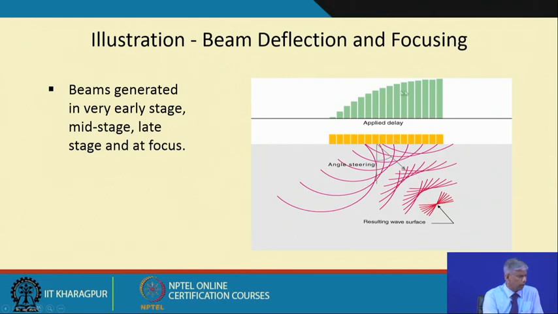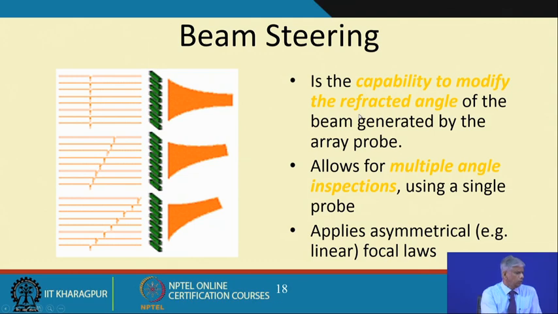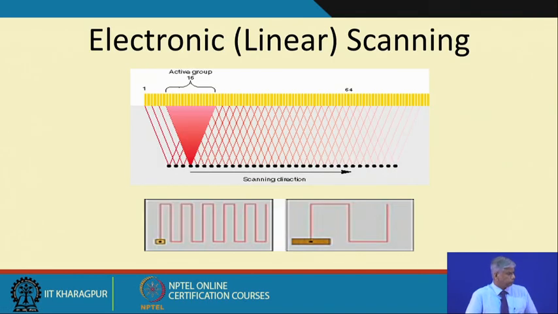So, this can be applied and so on. So, the beam steering can be applied as the capability to modify the refracted angle of the beam generated by the array probe, allows for multiple angle inspection using a single probe. Okay. So, this becomes very easy for the user to do a scanning by ultrasonic.